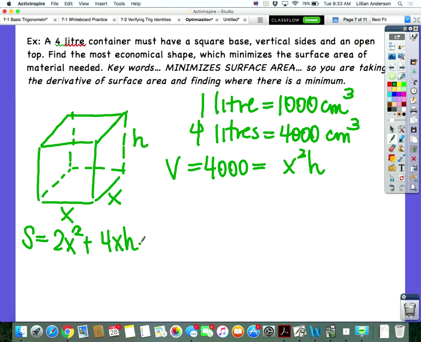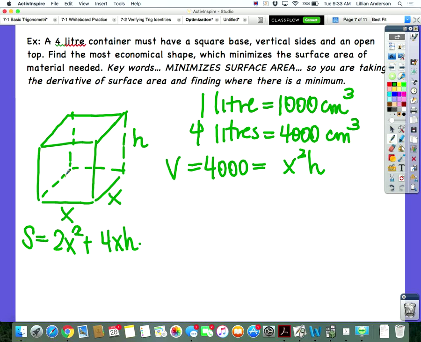You have 2x squared. The x squared represents the area of your base. So that's the 2B part. And then Ph is perimeter of your base times your height. Since your base is all x's, that's x plus x plus x plus x, which is a 4x.